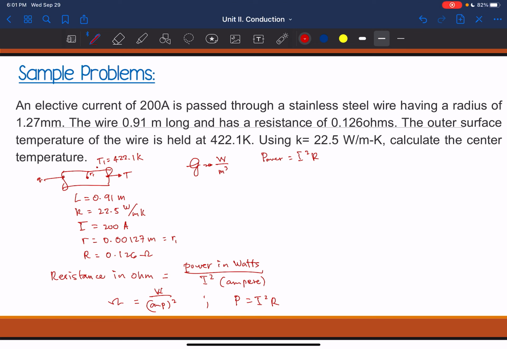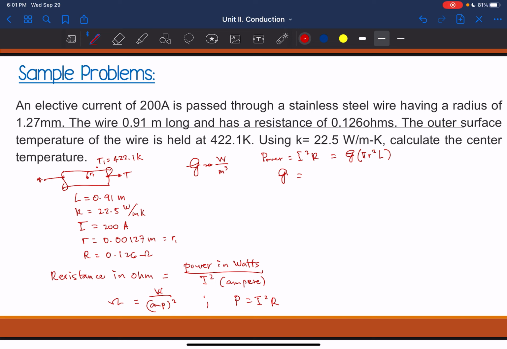Since I am given I and R, that would basically give me G times pi R squared times the length of the wire. Okay, look at here. So you have your G, which is equivalent to the rate of heat generated per unit volume, that's why watt per cubic meter.